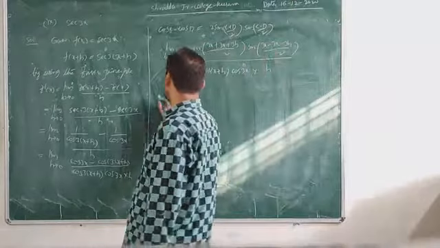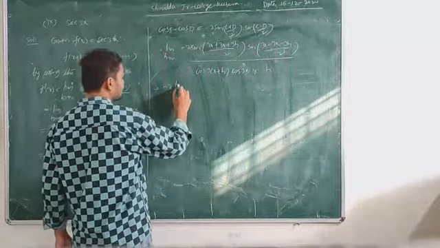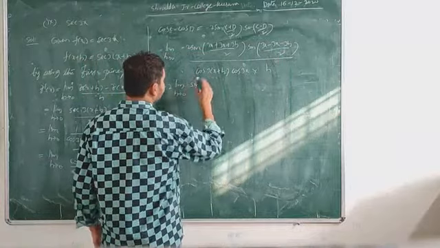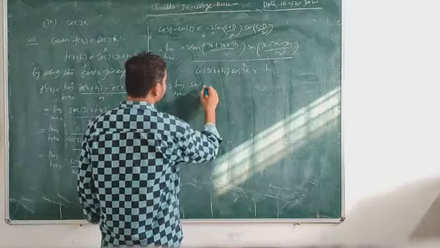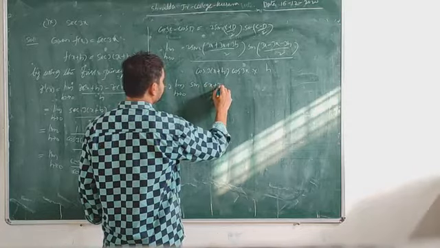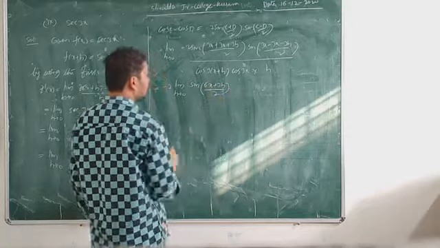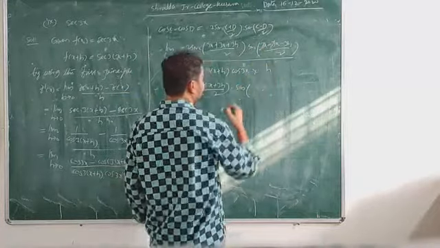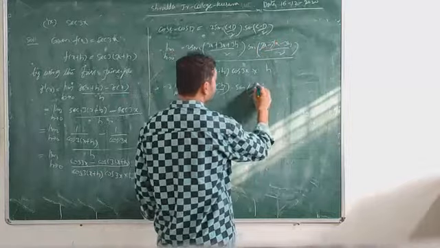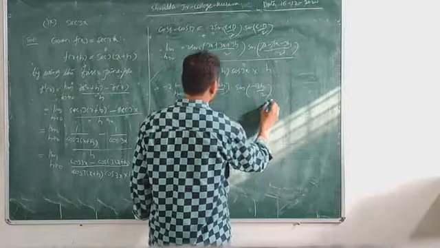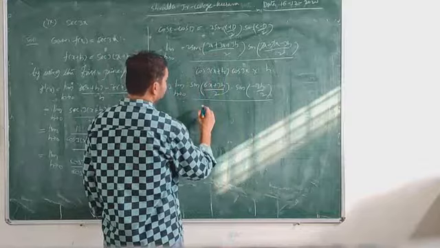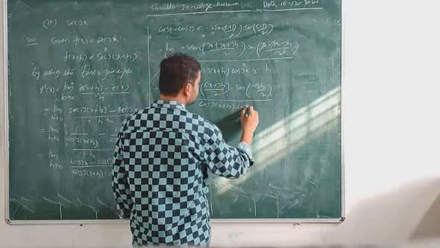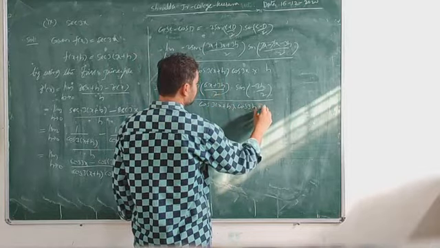Now see here, minus 2 into limit h tends to 0 of sin of (3x plus 3x, that is 6x plus 3h) by 2, into sin of (3x minus 3x cancel, minus 3h) by 2, by cos of 3 into (x plus h) into cos 3x into h.